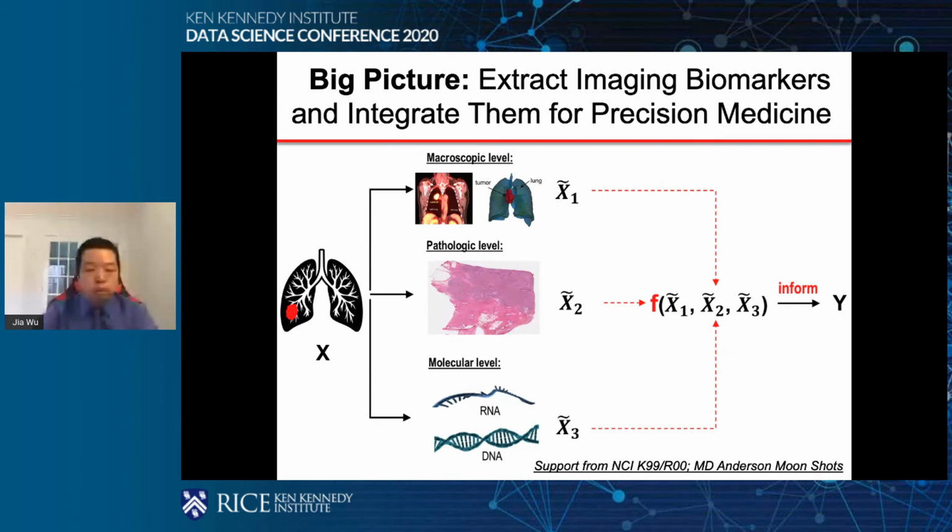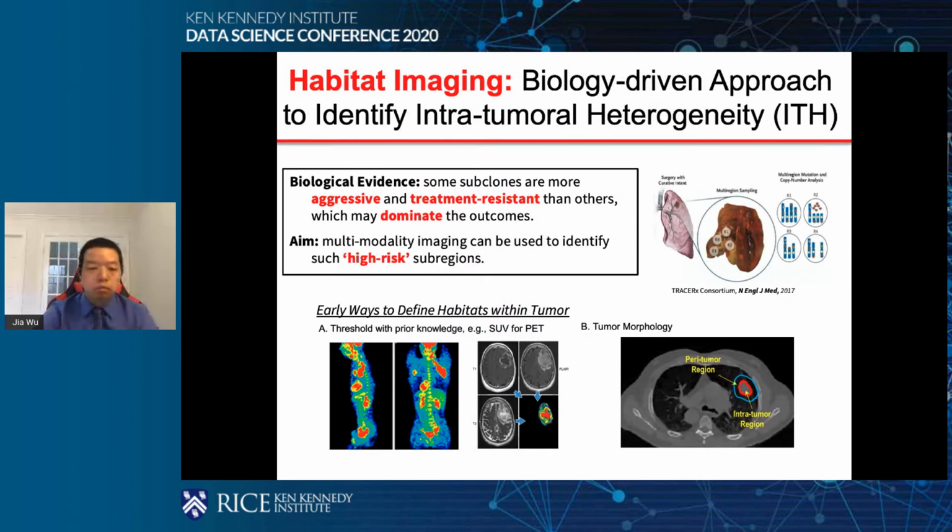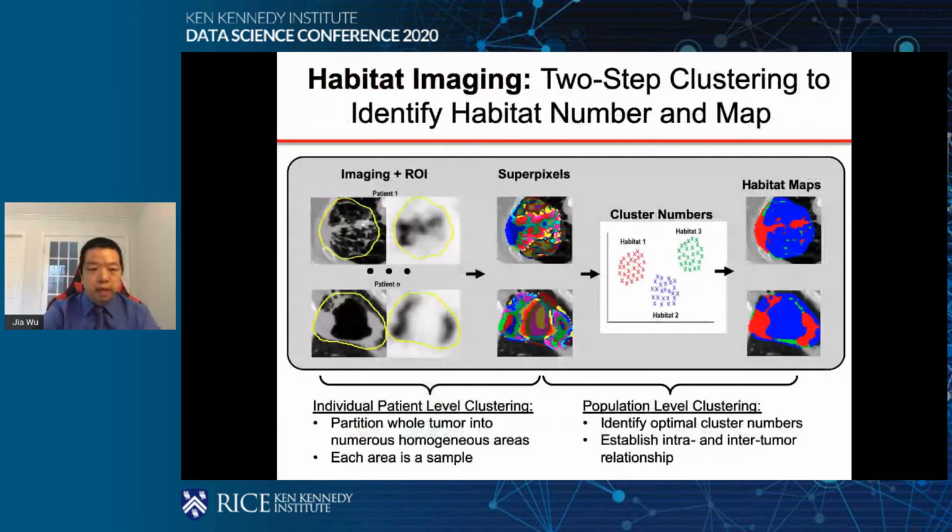These slides introduce the concept of habitat imaging derived in the cancer field. As we all know, cancer contains many regionally distinct subclones. So we propose habitat imaging, which aims to capture this intratumor spatial heterogeneity from imaging scans. This slide shows the computational approach we proposed to fully automatically divide the tumor into habitat regions based on two-step unsupervised clustering.